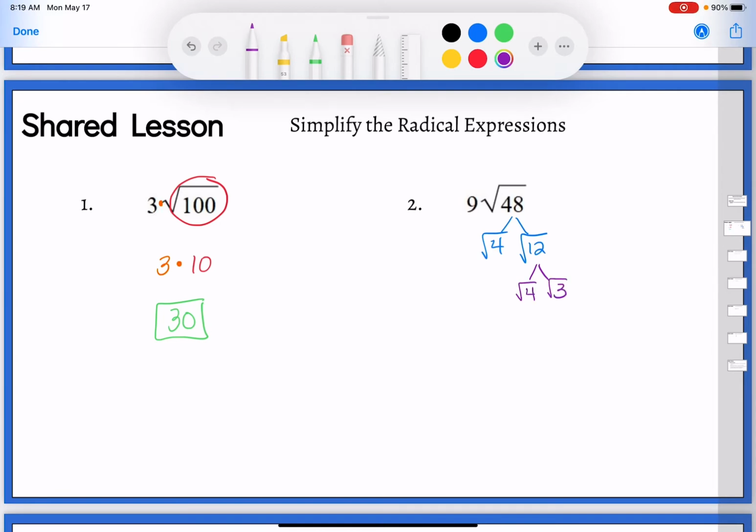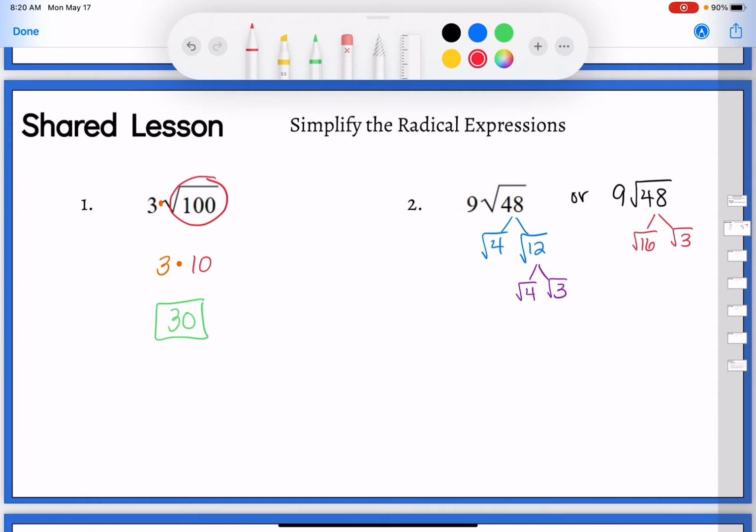And now I've gotten all the way down, right? Or you could take it and really try to find the factors of 48 with the biggest perfect square. So I know that 16 times 3 also equals 48, and square root of 16 is a perfect square, and it's a bigger perfect square, right? And I get to my answer much, much faster. So really, what you want to do is try to find the biggest perfect square factor that you possibly can.